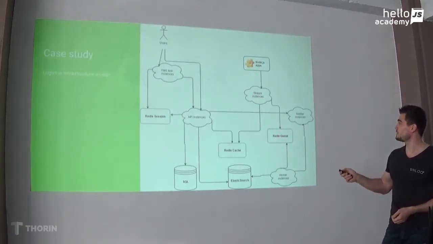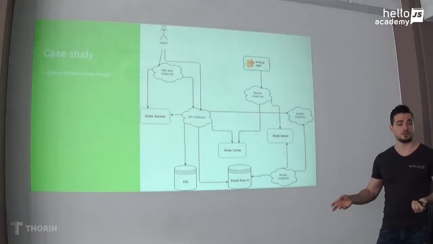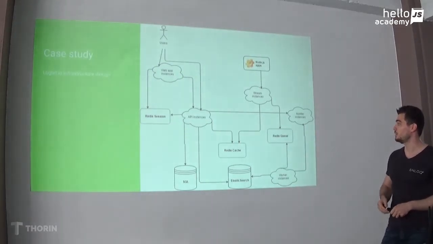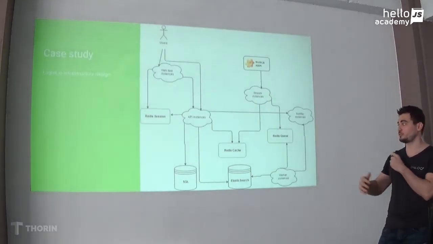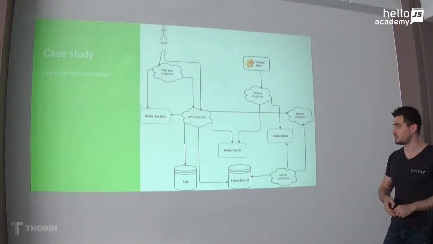Once they're put inside a Redis queue, we have a couple of worker instances right here, where all they do all day is dequeue logs from the Redis queue. It dequeues 100 messages, tries to process them, and then just stores them into Elasticsearch.